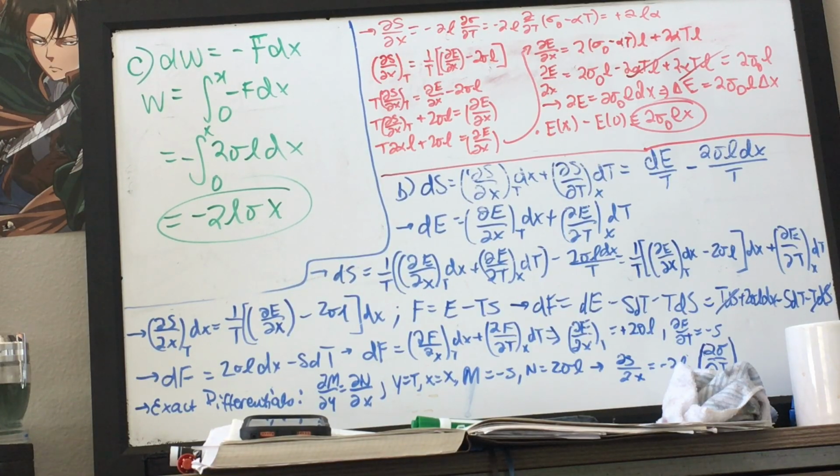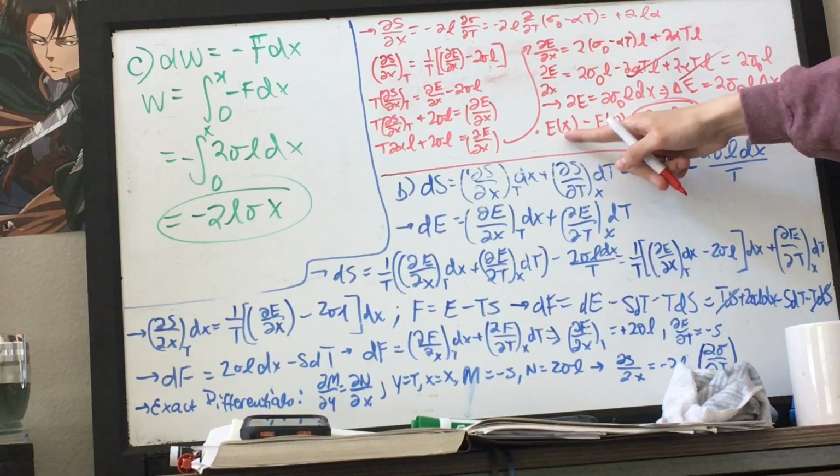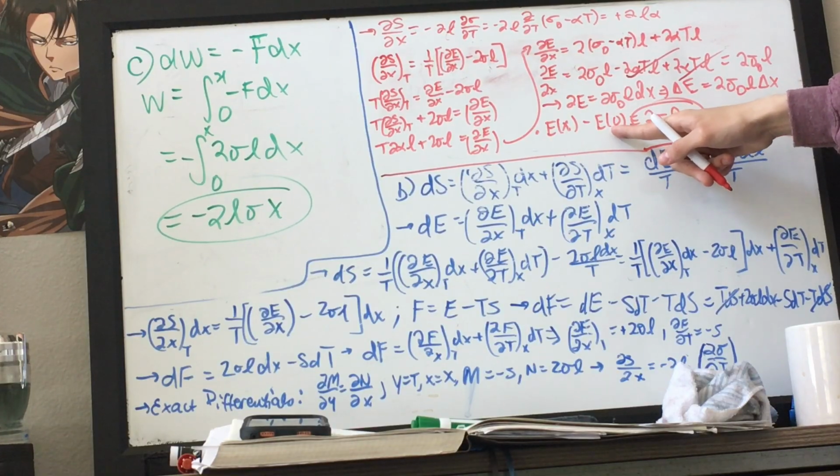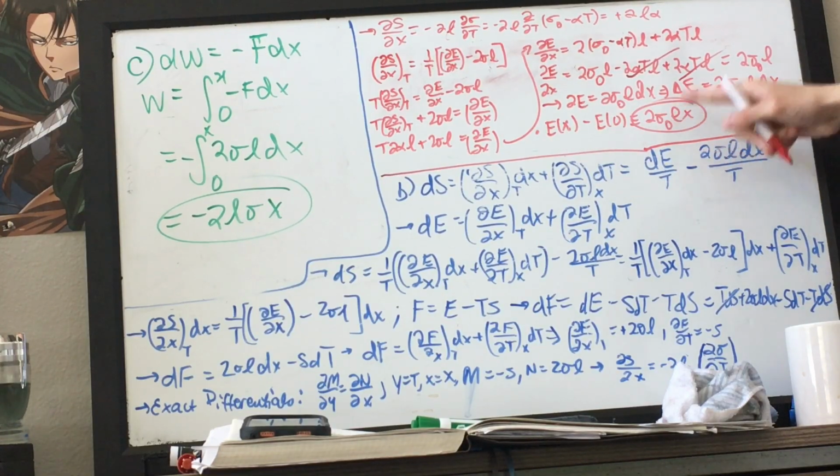And we get that delta E is equal to 2 times sigma naught times L times delta x. This allows us to treat energy strictly as a function of x. So when we plug in x equal to x and then subtract from it x equals 0, we're just left with 2 sigma naught L times x. And that is our expression for our average energy, or a change in our average energy, right?